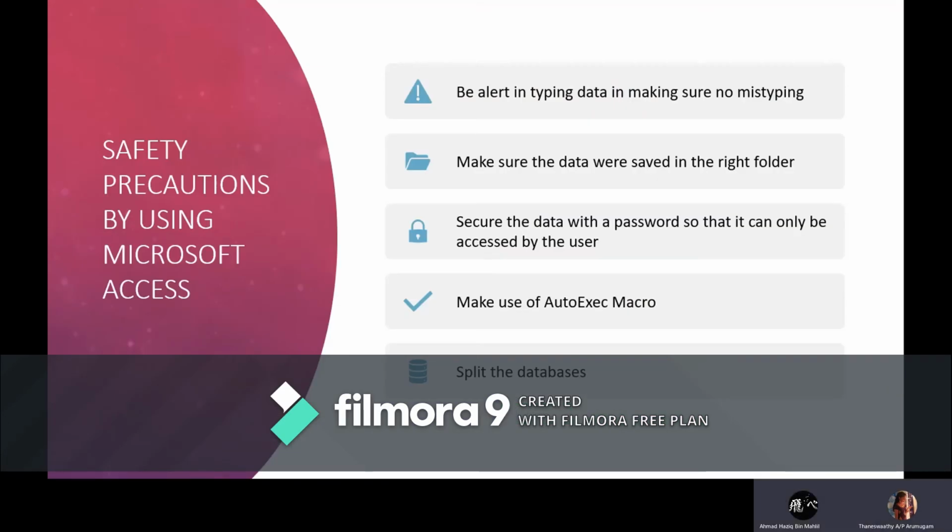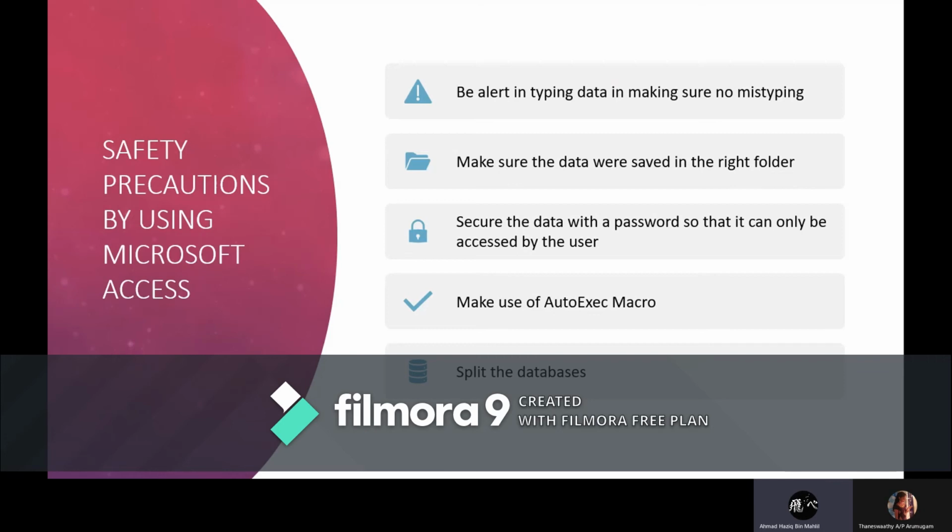For the safety precautions when using Microsoft Access, the first one, be alert when typing data, making sure not to mistype. It means when you are doing the database, you cannot miss a semicolon or make a typo.